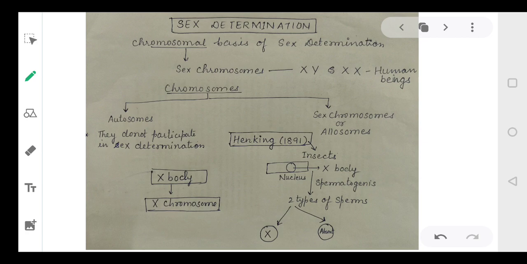Now see, sex determination. What does this word sex determination mean? We know sex. What is sex? Sex basically deals with the gender, that is the male and female.